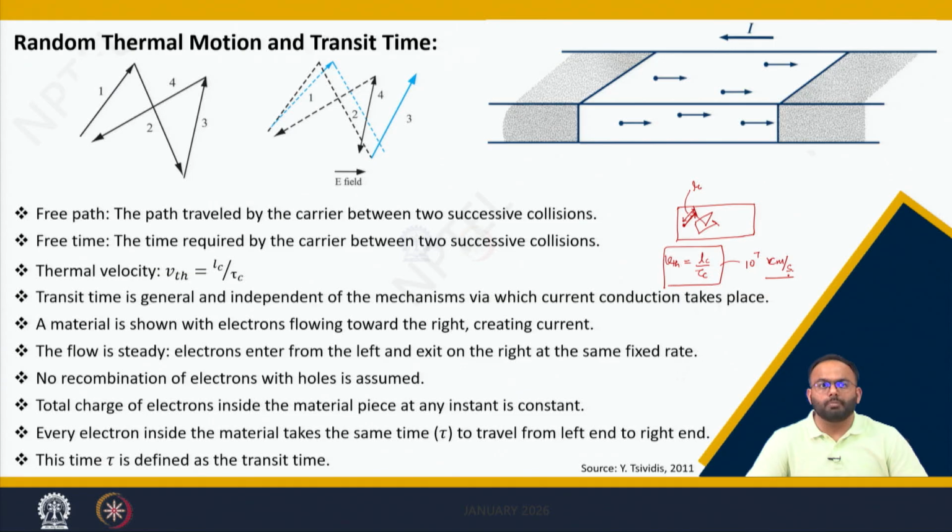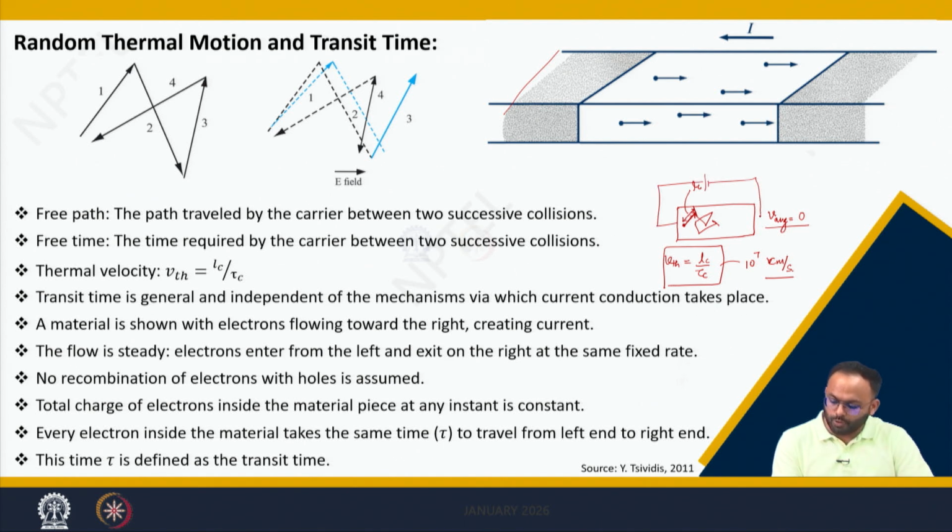The current will be the result of a directed motion. The average velocity of these carriers under equilibrium is 0, meaning they are not directed in any particular direction. Now what if you apply a voltage to this specimen? Then the carriers will do a directed motion, which is superimposed over the thermal motion and hence gives rise to a current.